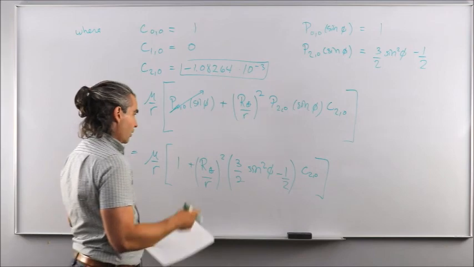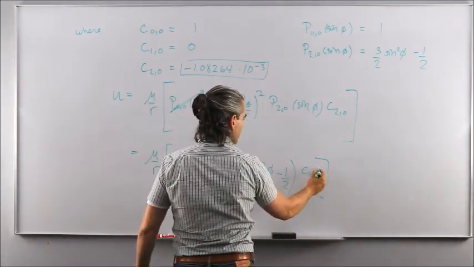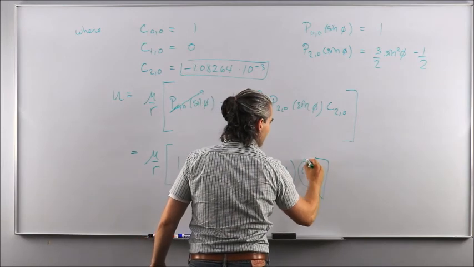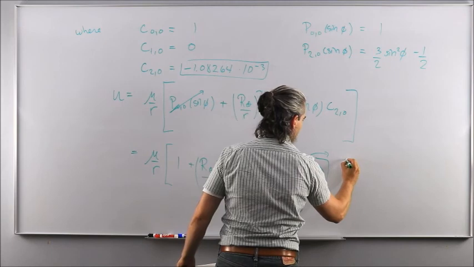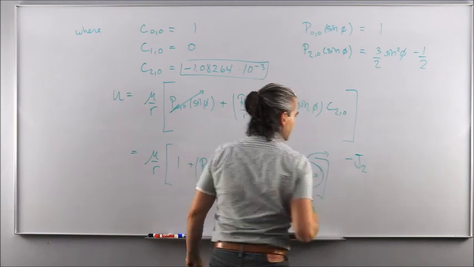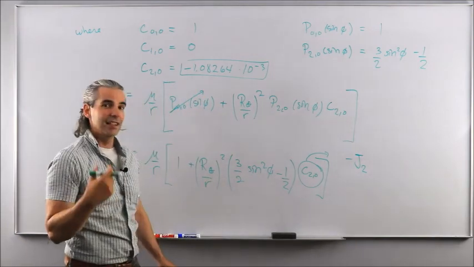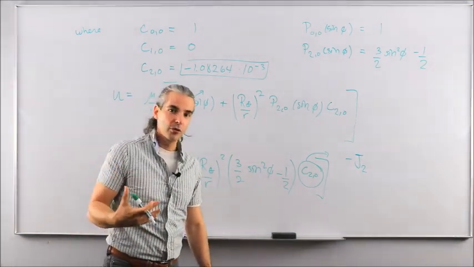Okay? Or alternatively, what you can do is swap out this notation for the J notation I had talked about, right? C2,0 is actually equal to minus J2, okay? And this is why we are talking extensively in astrodynamics or orbital mechanics about the J2 perturbation.